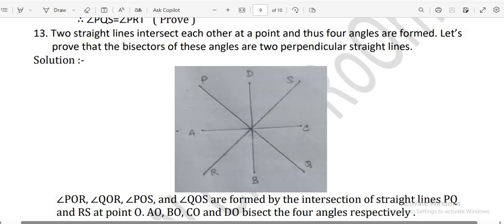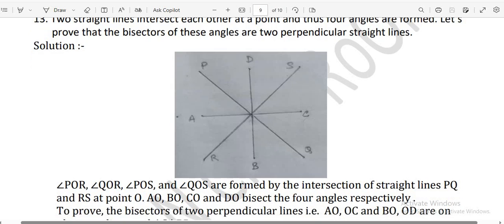In the figure, angle POR, angle QOR, angle POS and angle SOQ are formed by the intersection of straight lines PQ and RS at point O. OA, OB, OC and OD bisect the four angles respectively.